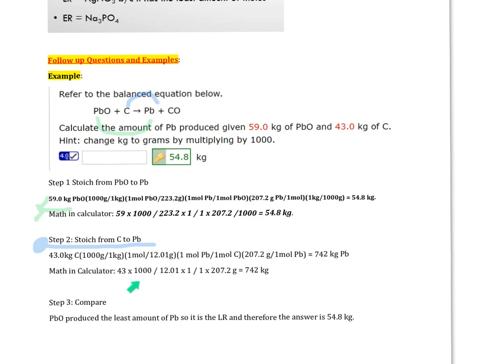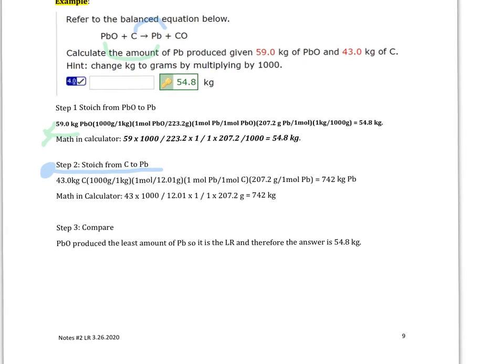Calculator: 43 times 1,000 divided by 12.01 times 1 divided by 1 times the molar mass of Pb, and we get 742 kilograms. So 742 compared to 54.8, that is what this next step is down here, as we compare them. And in our comparison, the 54.8 is the least, so that means the PbO is the limiting reactant, and we type that number in for our answer.